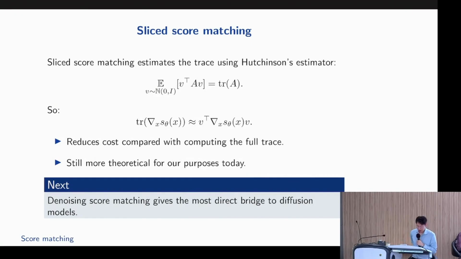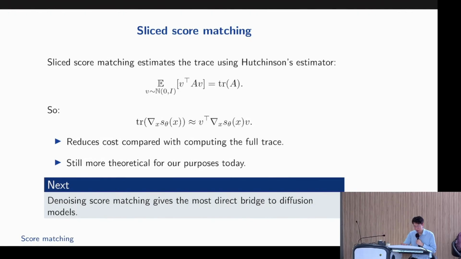All right, so sliced score matching uses the Hutchinson estimator, and it estimates the trace using Gaussian samples, expectation over Gaussian samples. For our purposes, it's still more theoretical, but it gives us a way to realistically implement score matching.